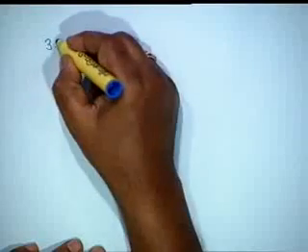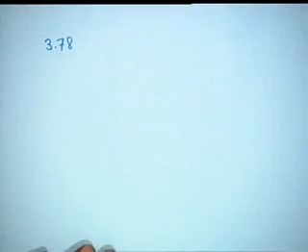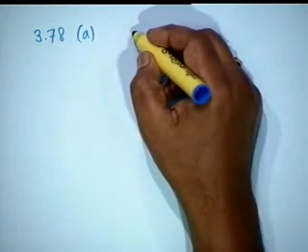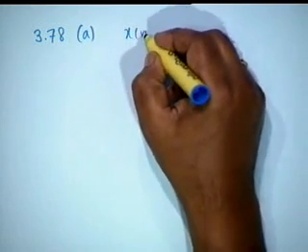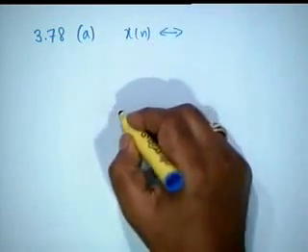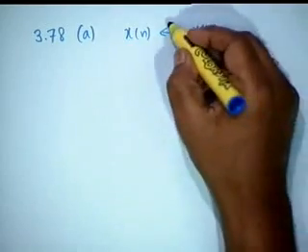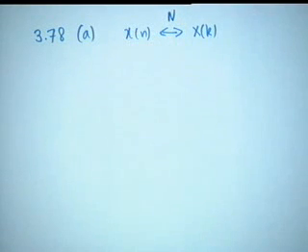The next one is also with a similar complication, 378. I will only solve the A part. It says consider x of n, a sequence x of n of length capital N, which is a DFT of capital X of k.